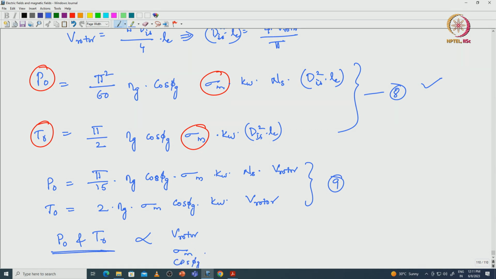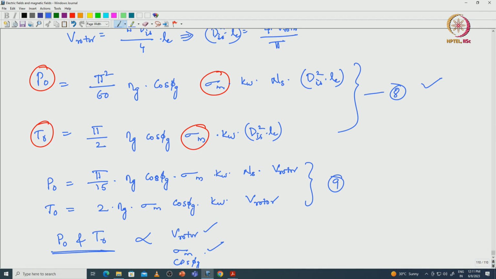Mainly it is directly proportional to the volume of the rotor and magnetic shear stress. That is what we can observe from equation 9. So, we have seen the power and torque equations in terms of rotor volume, magnetic shear stress and speed, and other things.